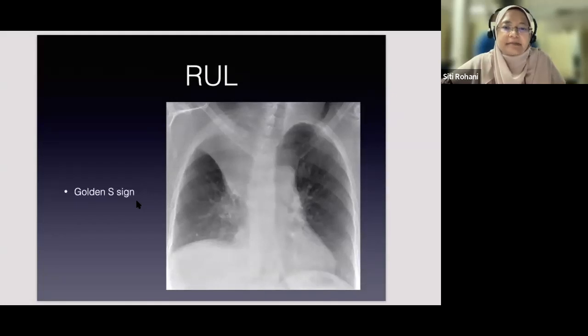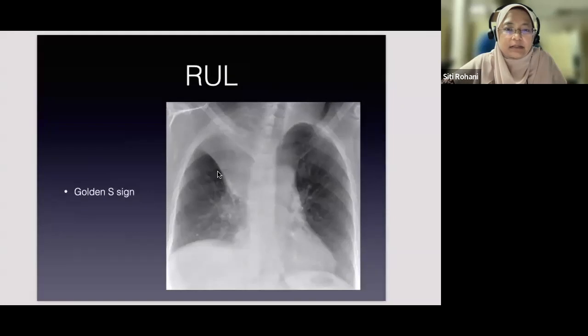Right upper lobe collapse is different from left upper lobe collapse. This is the pattern. You can see homogeneous opacification in the right upper zone. This is the transverse fissure, which is elevated, with a fine border between the consolidation and the aerated lung.